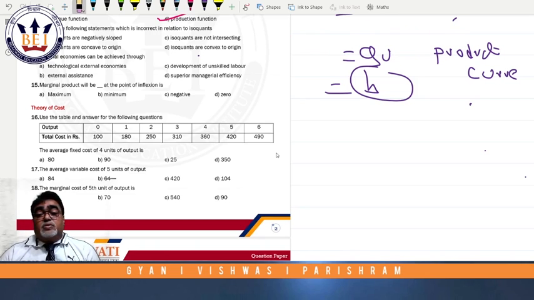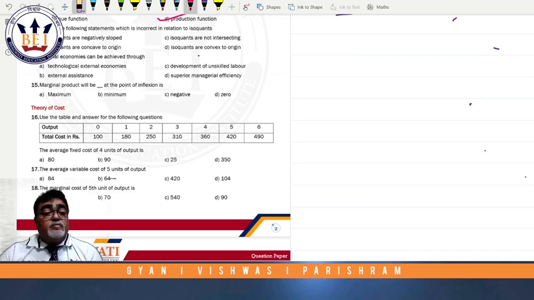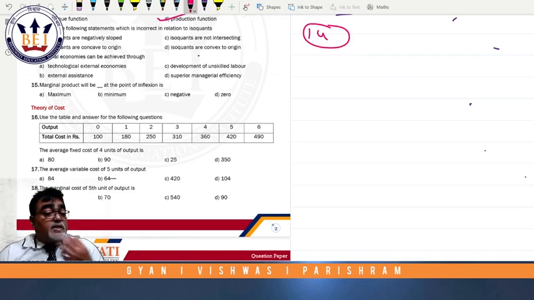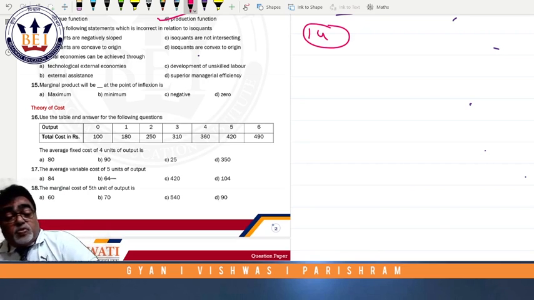Now we should switch to question number 14. External economies. I just explained to you economies of scale and diseconomies of scale. External economies can be achieved through what?